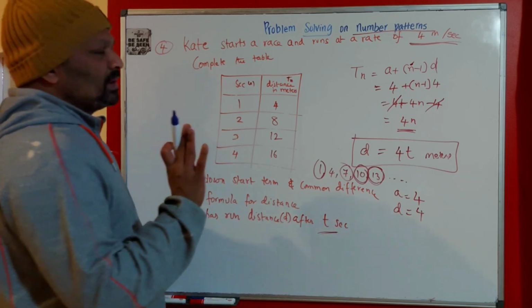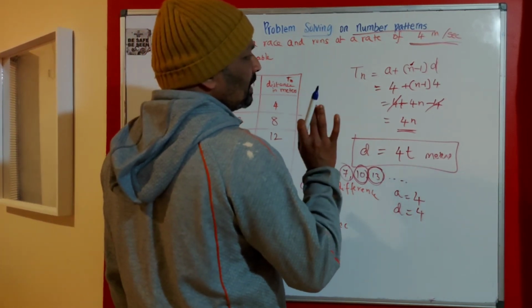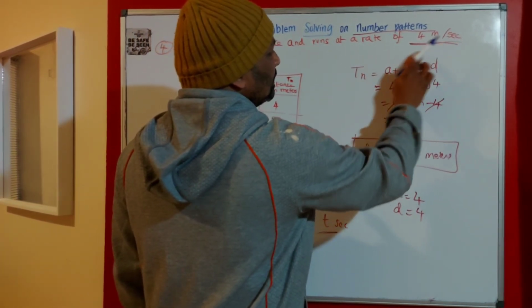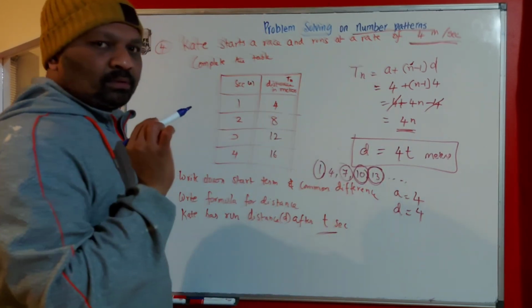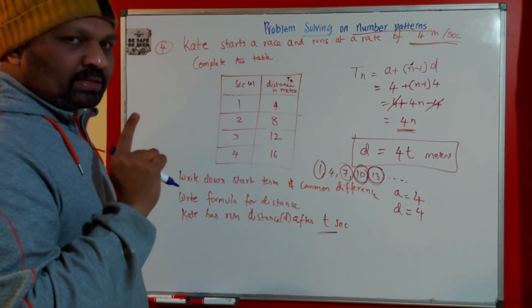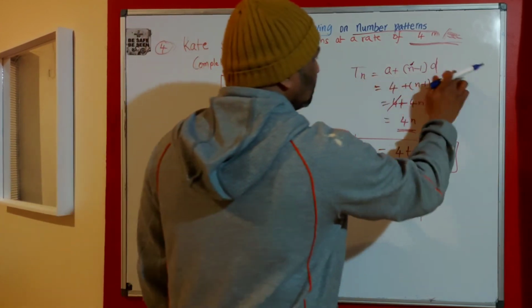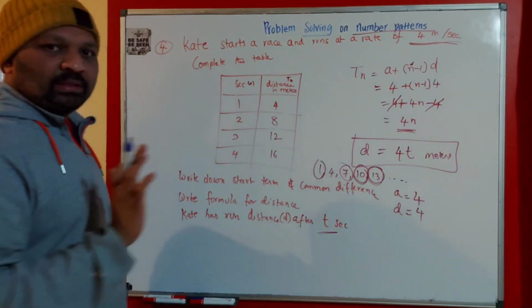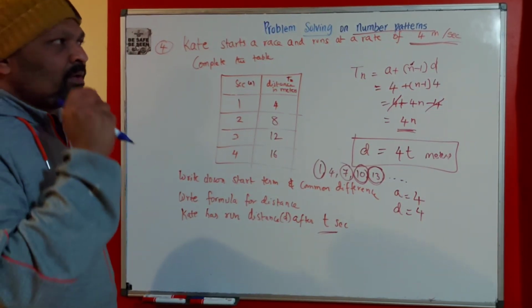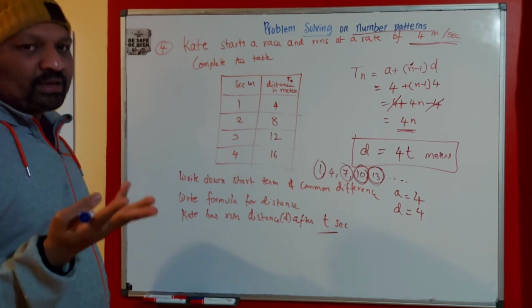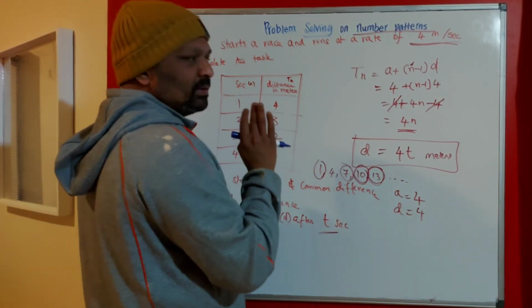So there are 4 variables in arithmetic progression, 4 parameters: a, n, d and Tn. There is only one equation, because there is an equals symbol. There is only one equation and 4 parameters. If any 3 are given, you can find the fourth one.